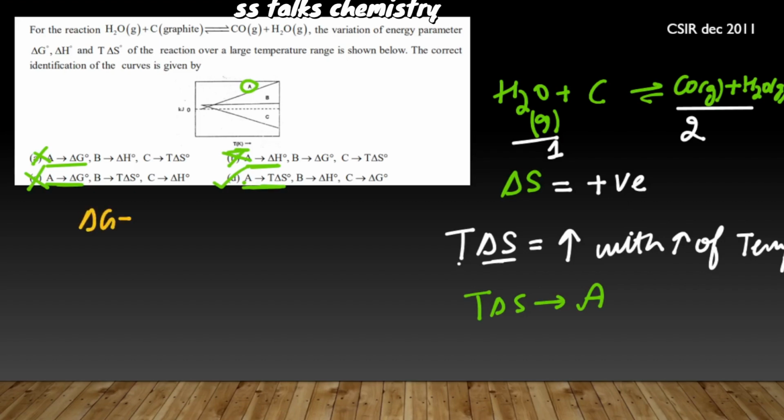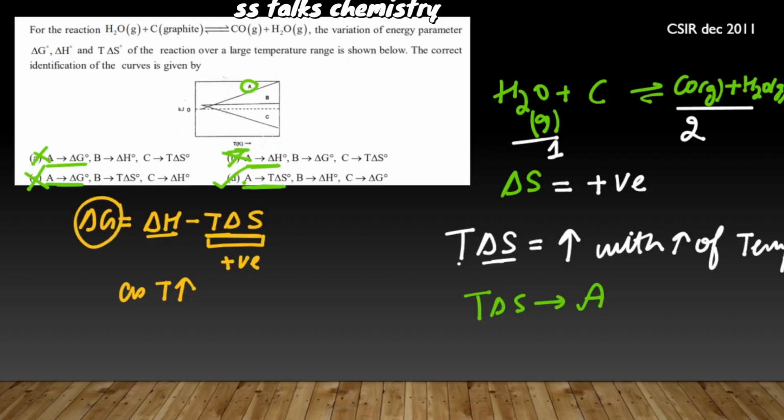Delta G value we know is delta H minus T delta S, right? So now this value is positive. This we have seen. As the temperature increases, keeping enthalpy constant, you will be seeing the term that is negative, its value is increasing, which implies delta G value is going to decrease, right?